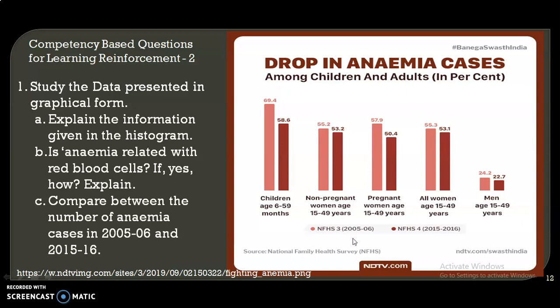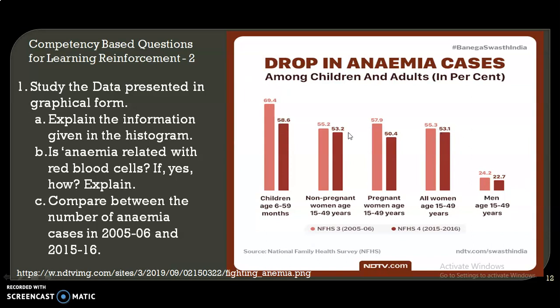The anemia cases in the year 2005-06 and anemia cases in 2015 and 16. This information, this data has been provided by National Family Health Survey, NFHS, and it has been published by ndtv.com. You have to study the histogram given here, the percentage of children, of the non-pregnant woman, of the pregnant woman, all women aged 15 to 49 and men aged 15 to 49.